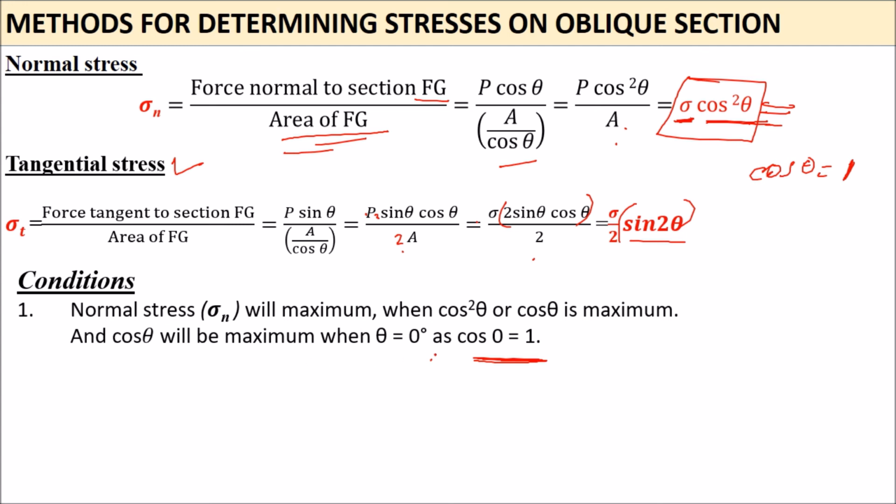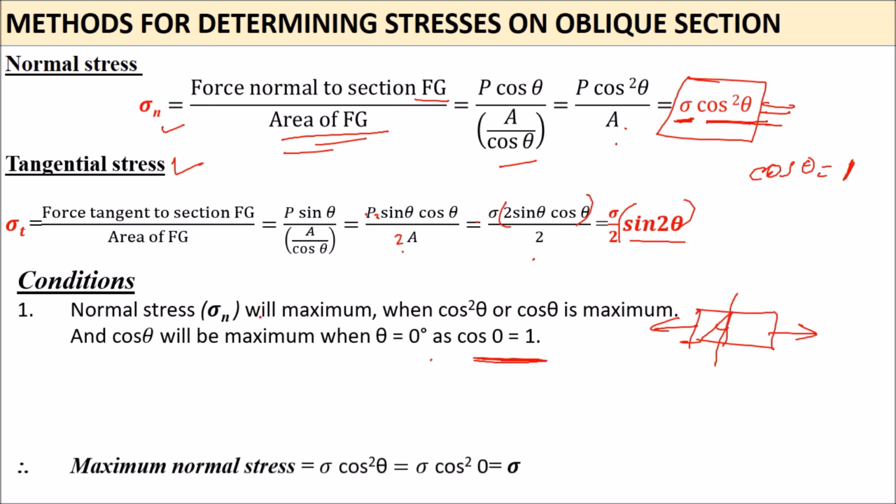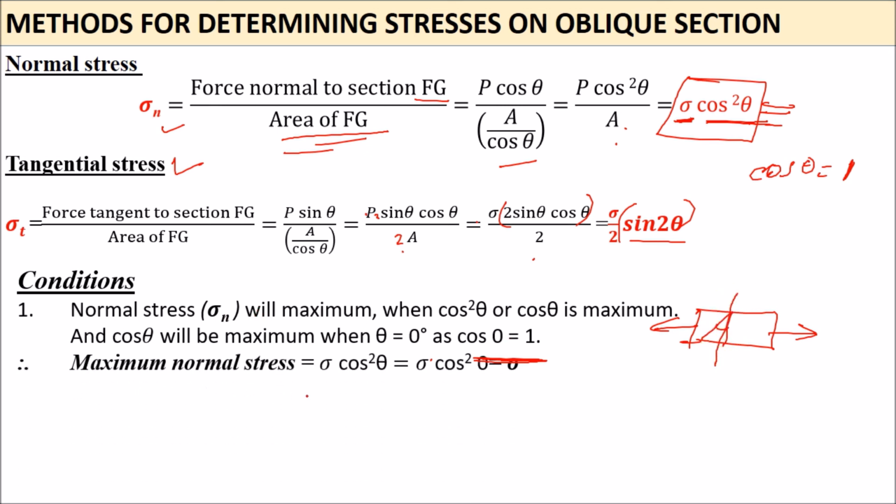Okay, so cos 0 equal to 1. When angle will be 0, at that time normal stress will be maximum. That means along the axis of applied force, normal stress will be maximum, because this is only theta, no? If this will be 0, same.